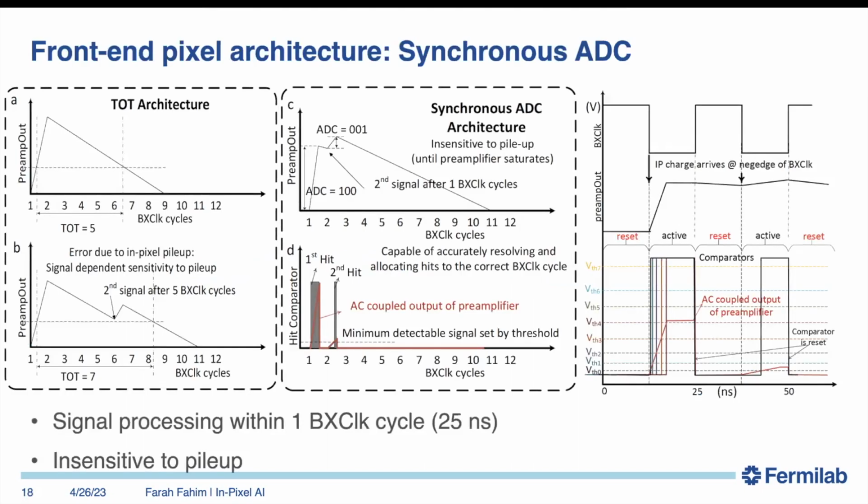The previous versions for the phase 2 upgrades all used a time over threshold architecture, and we ended up with a synchronous ADC approach because we needed to do 2 things. One is, with a time over threshold architecture, the charge conversion time is longer than 1 clock cycle.